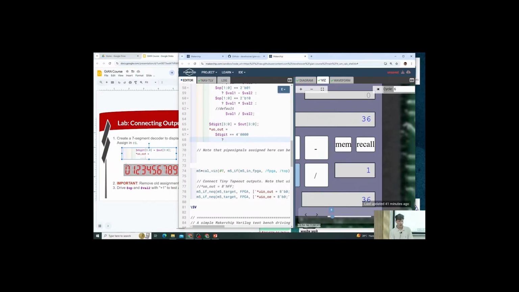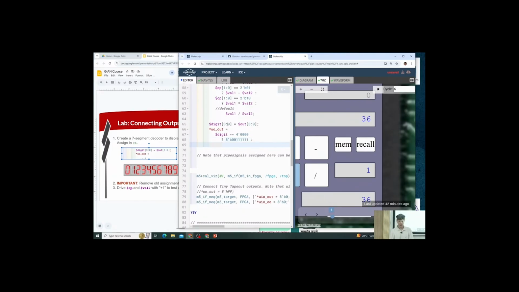And that's going to be all the segments are 1 except for 6 and 7, bit 6 and 7. So we want an 8-bit binary 0011 1111. Otherwise, the rest.